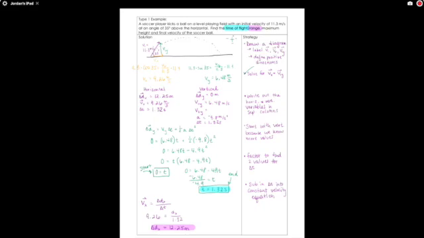For the next part, we're going to move on to the maximum height. To find maximum height, there's two ways that we can actually solve for this.